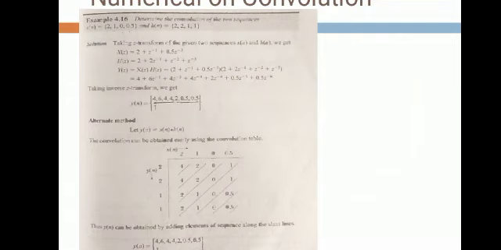So if x(n) is equal to 2 1 0 0.5, its Z transform is 2 plus z raised to minus 1 plus 0.5 z raised to minus 3. h(n) is 2 2 1 1. So here H(z) is equal to 2, because the origin is at 2, plus 2 into z raised to minus 1 plus z raised to minus 2 plus z raised to minus 3.